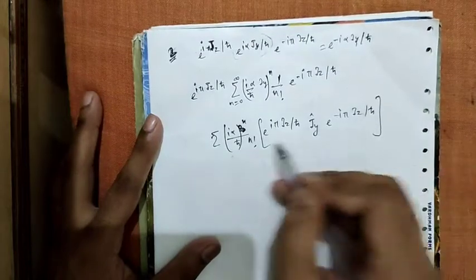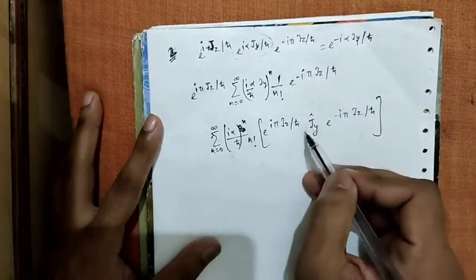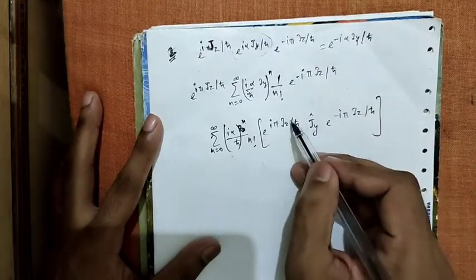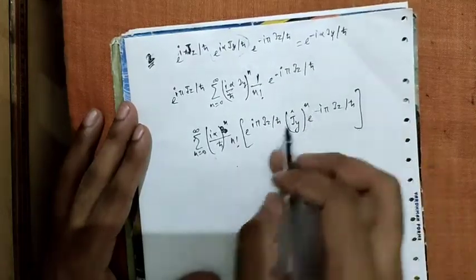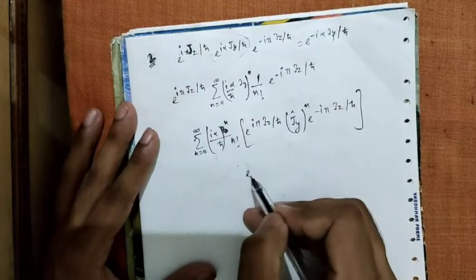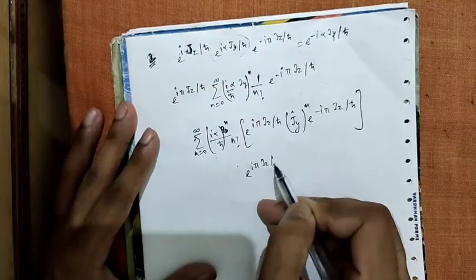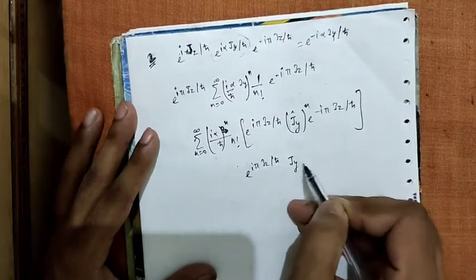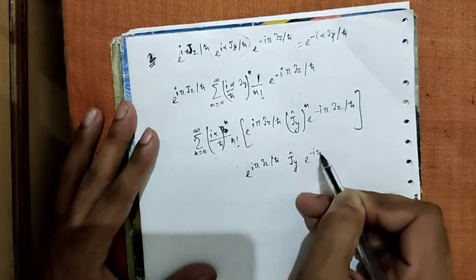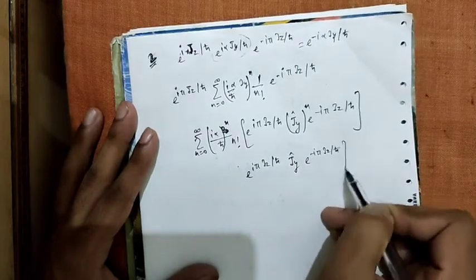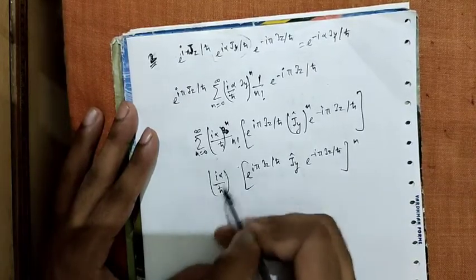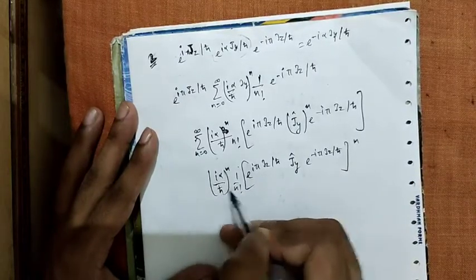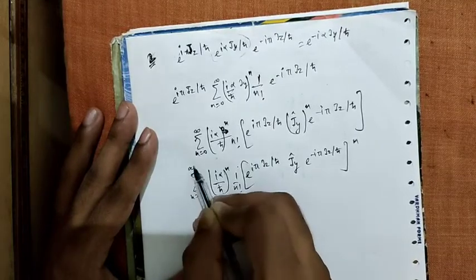Now we know that this is a transformation of Jy about the z axis by an angle pi, summed with i alpha by h cut to the n by n factorial from n equals 0 to infinity.